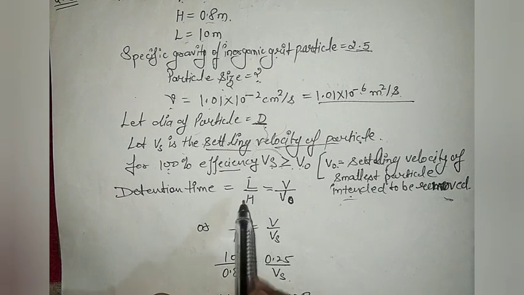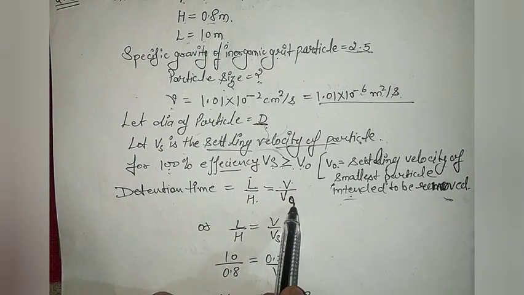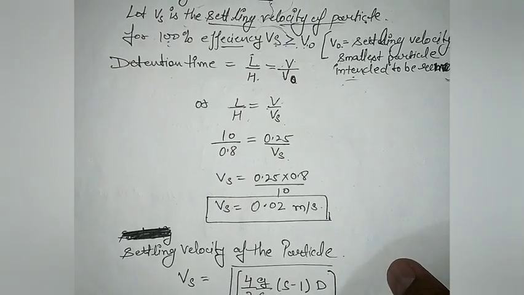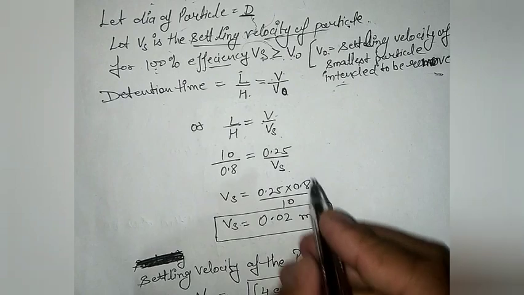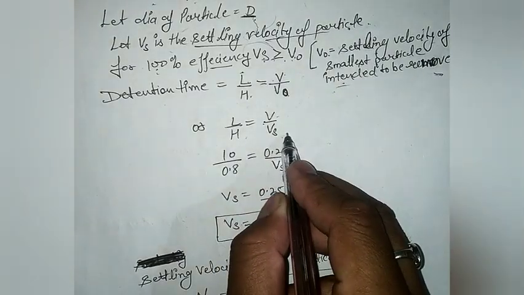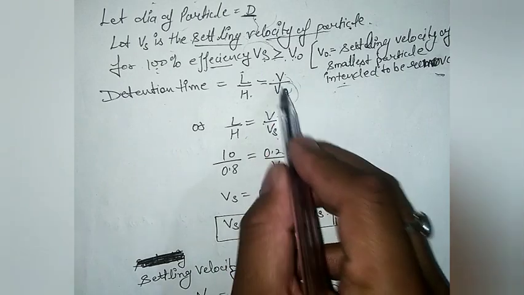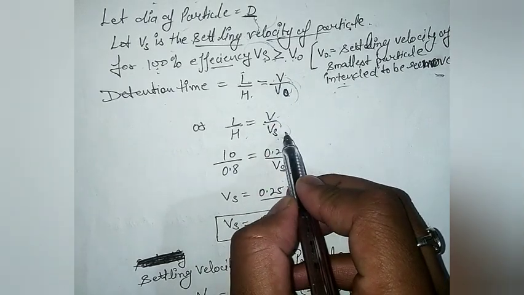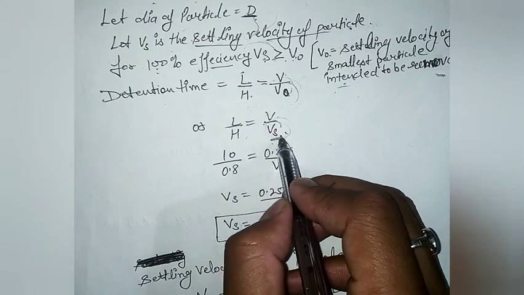Also, the detention time gives L over H equal to V over V naught. Now we'll replace V naught with Vs, so L over H equal to V over Vs, where Vs is the settling velocity of the particle.